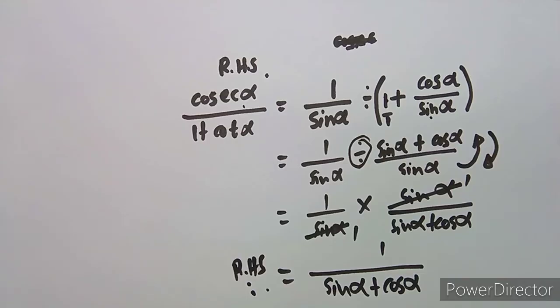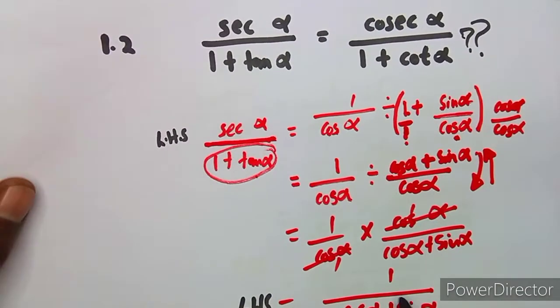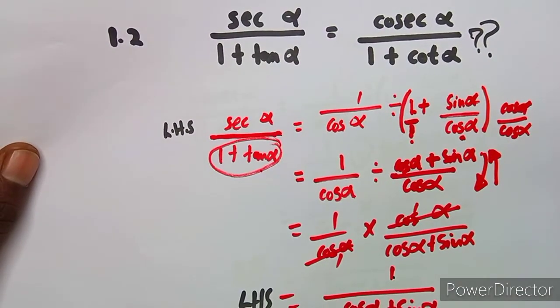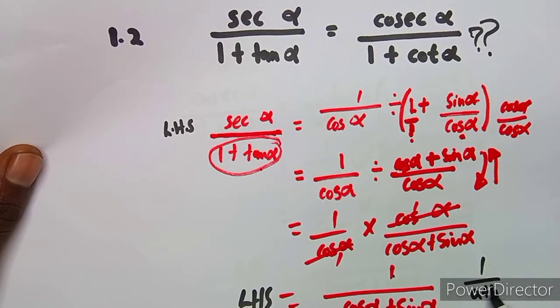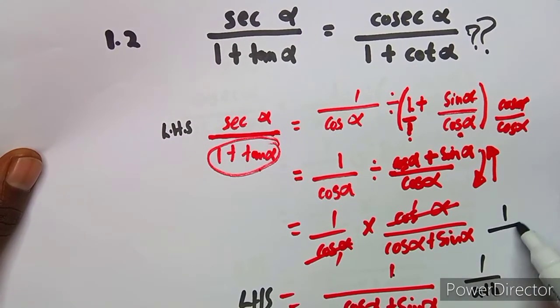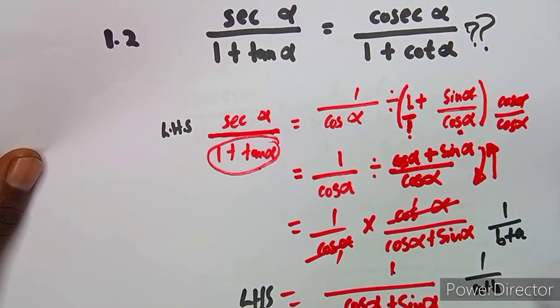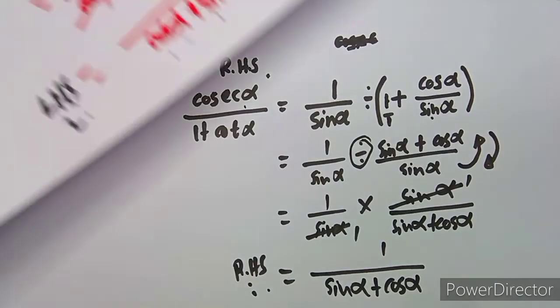And this part and the last part, now if we are to compare these two, they are the same. 1 over cos alpha plus sine alpha. This is just like 1 over a plus b, and another fraction is written as 1 over b plus a, like this. This is just one and the same thing. So these two, they are the same.